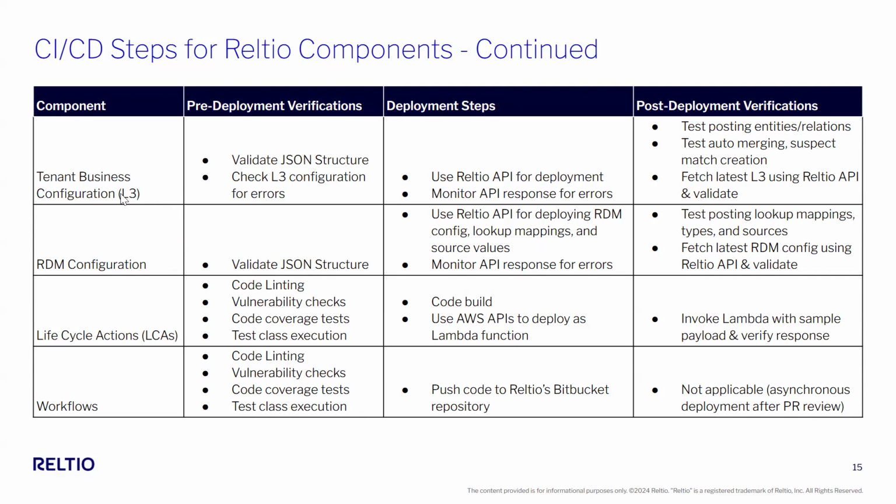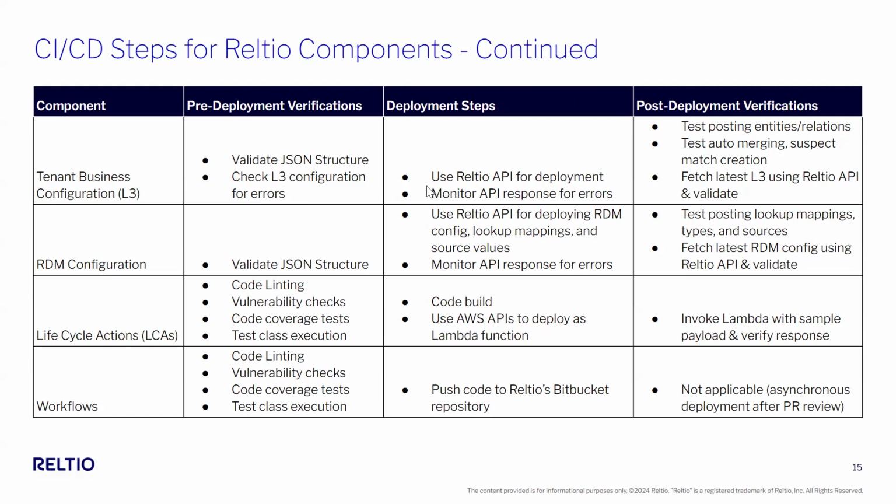So when you are pushing an L3 configuration through a CI/CD process, in terms of pre-deployment verification, you can validate the JSON structure, check the correctness, or check if the JSON is syntactically correct. You can also check if the L3 configuration has any errors. You can run the L3 validate API to check if there are any errors even before deploying it, right? So all this can be automated.